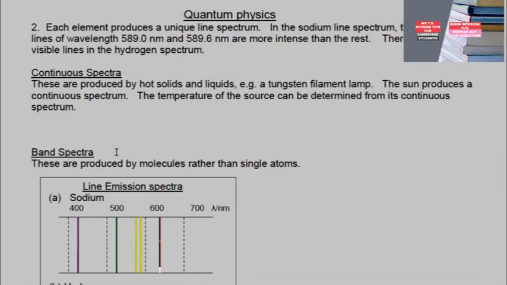Band spectra are produced by molecules rather than single atoms. So when we have a mixture, we have molecules now. Instead of atomizing, we are just having molecules. So we get band spectrum. We'll look at band spectrum when we look at the band theory. In this video, we're just going to concentrate on line emission as well as absorption.